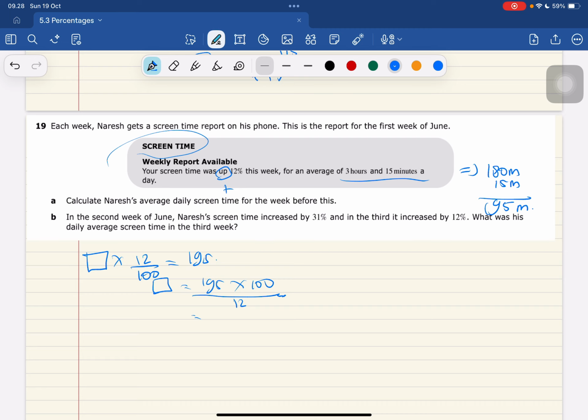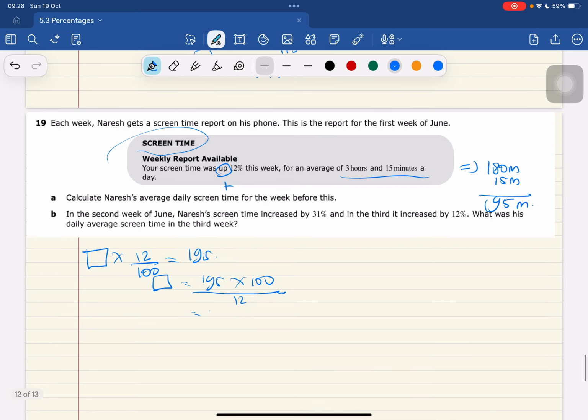So 195 times 100, and then we divide by 12. This will give us the answer of 1625, as minutes. Let's make it into hours, divide by 60.